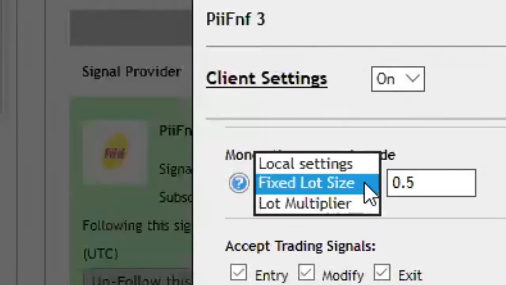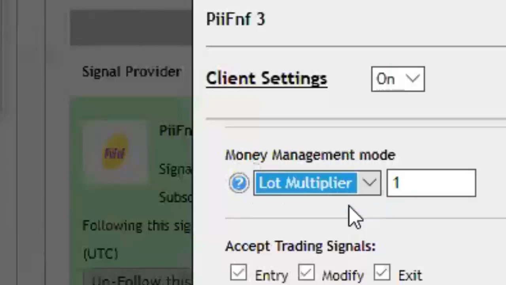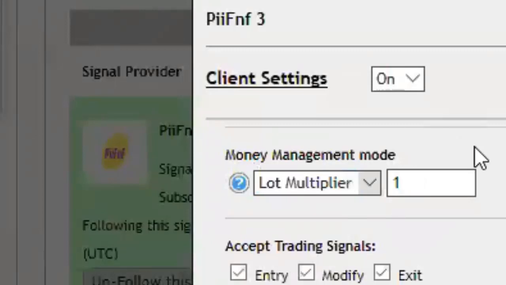Now, there would be variation in the lot size that the signal provider uses for different instrument pairs. It can vary from a minimum of 0.01 to 1.0, 2.0, and this is where your lot multiplier comes in. You can multiply up or multiply down.